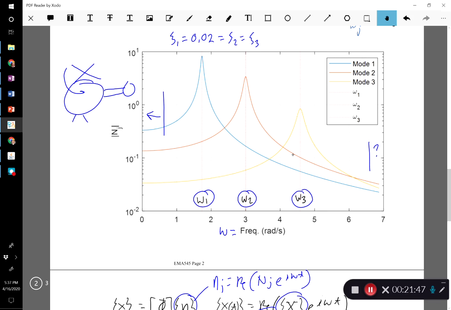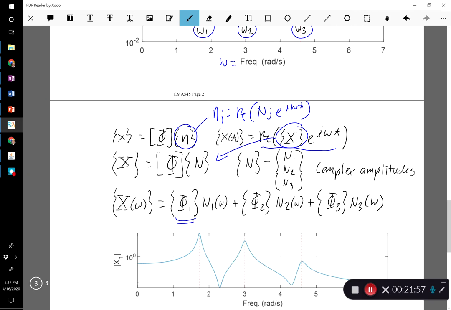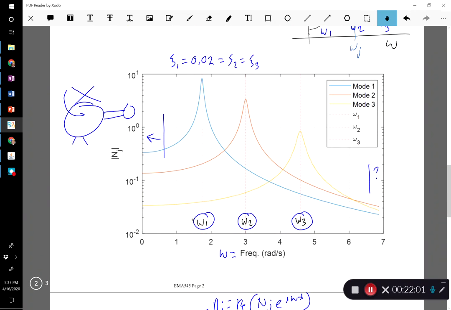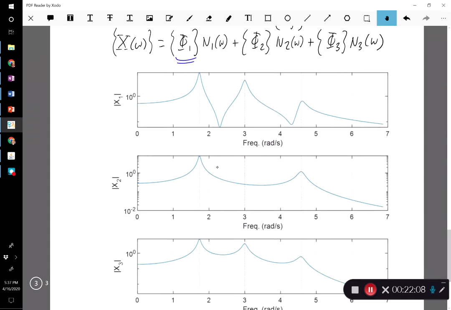So when we come to the first natural frequency, we'll see every mass moving in proportion to the first mode shape at that frequency. So the resonances that occur separately for each mode can occur in every one of the masses.